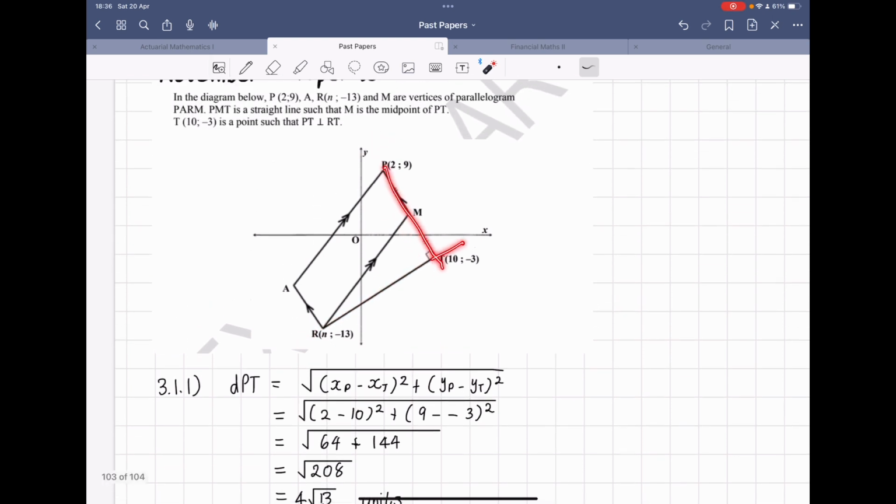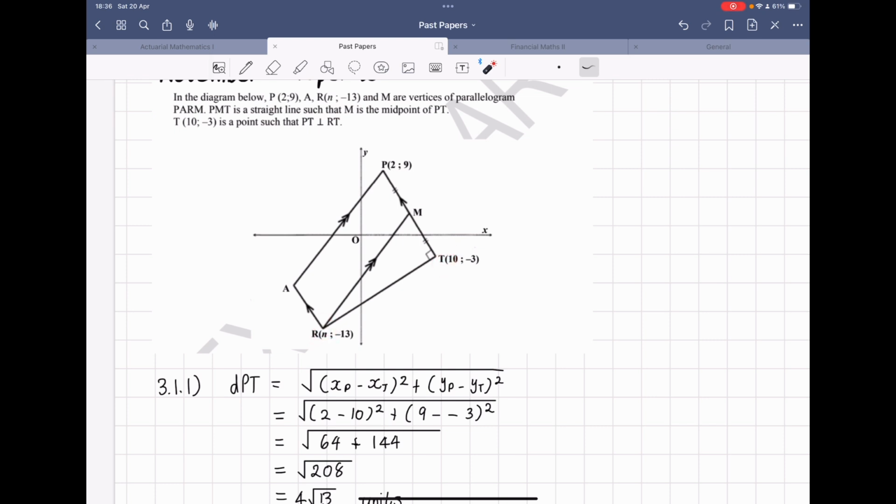So if these two are perpendicular, then the gradient of RT multiplied by the gradient of PT must be equal to -1. I know the gradient of PT already, which means that I can find the gradient of RT. Then I'm going to equate it to the gradient formula, which is the rise over run of these two points, R and T.